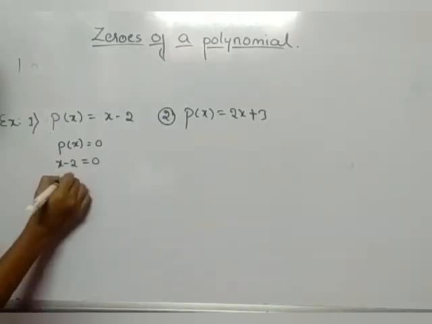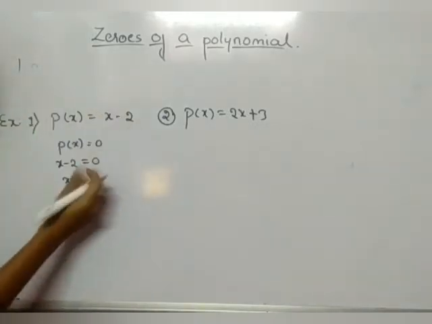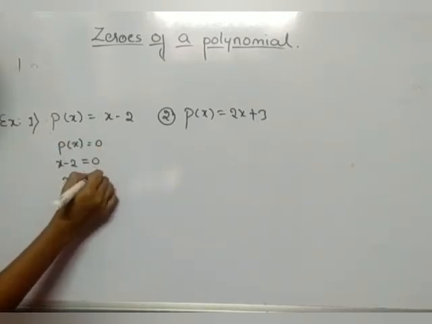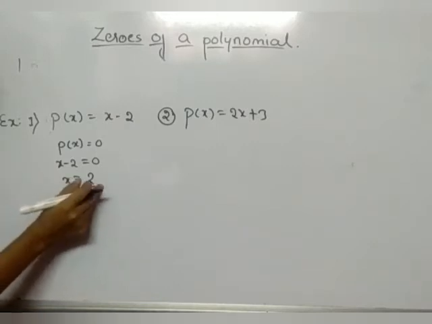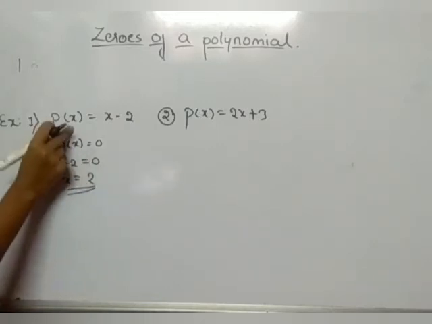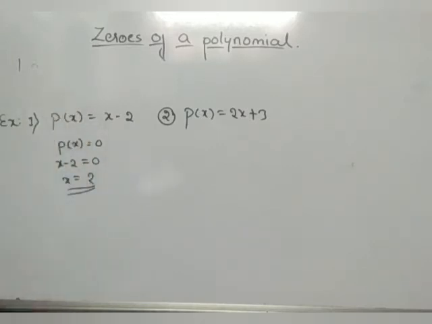Now I am going to leave this x here only. We will bring the constant to the right hand side, that is plus 2. If I substitute this x value equal to 2 in this polynomial, we are getting p of x equals 0, isn't it? So this is how we need to find that 0.